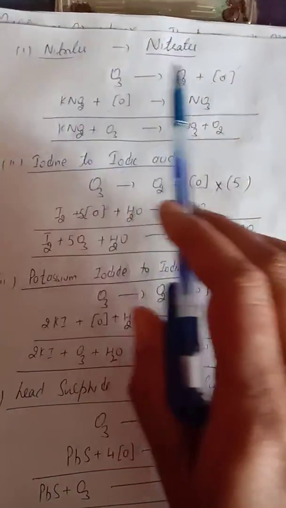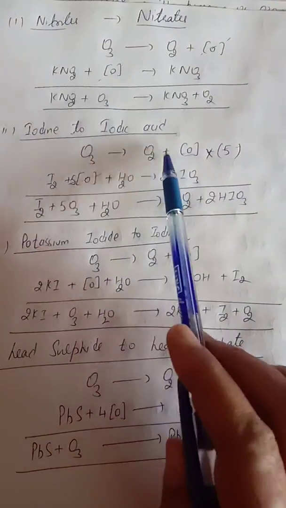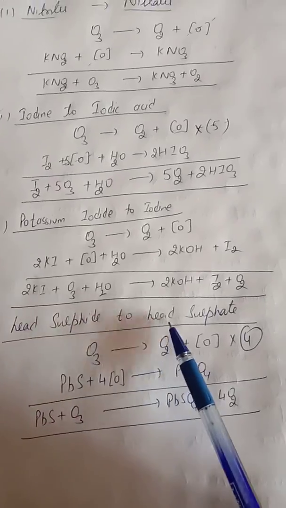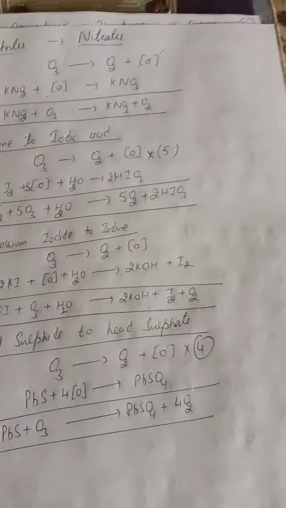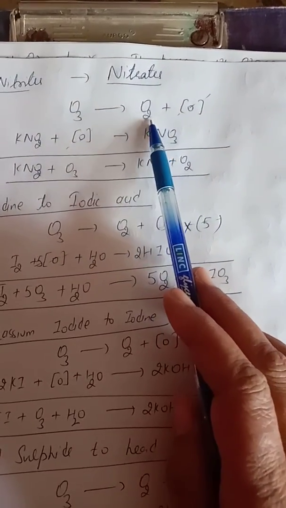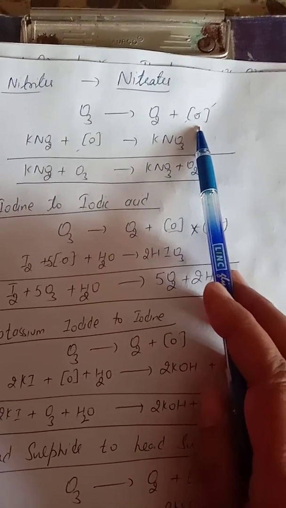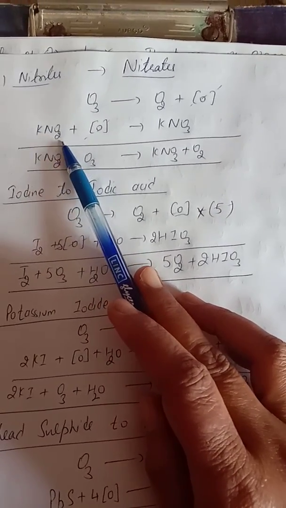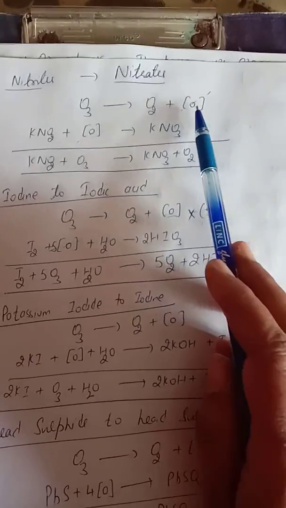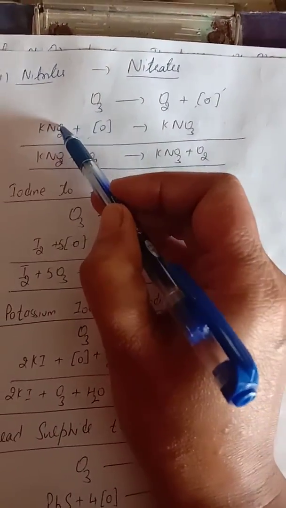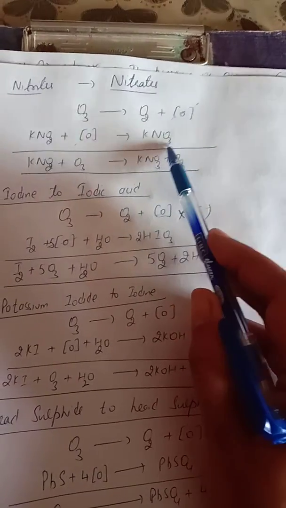Now it can oxidize nitrites to nitrates, iodine to iodic acid, potassium iodide to iodine, lead sulfide to lead sulfate, and so on. So first, when it decomposes, it gives us oxygen and nascent oxygen. Potassium nitrite, this KNO2, when combined with this nascent oxygen, gives potassium nitrate.